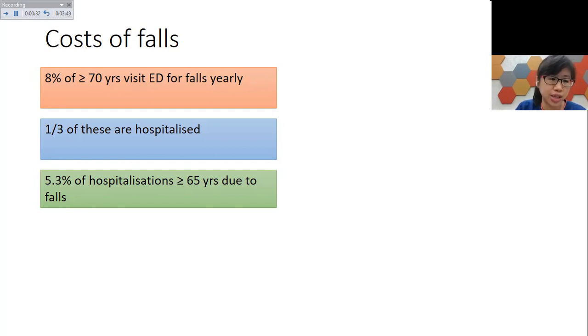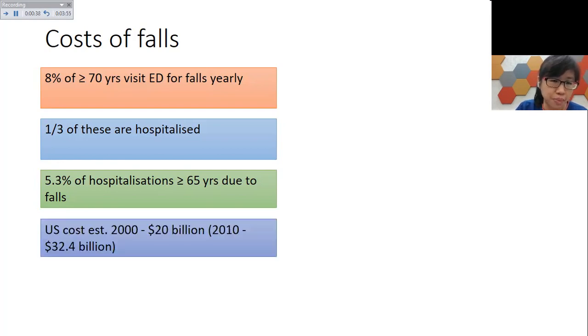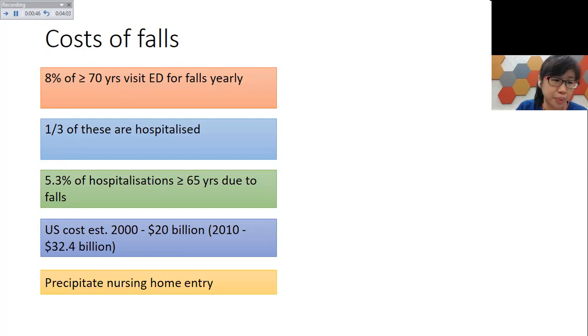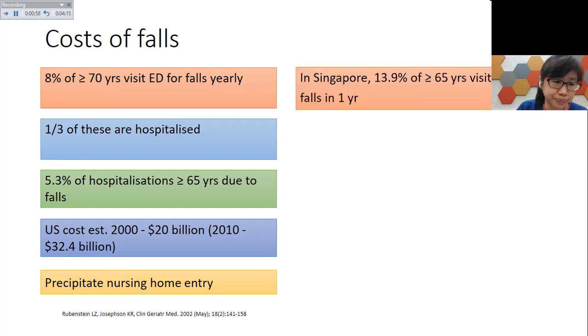And 1/3 of these are being hospitalized. 5.3% of hospitalization among those 65 years and above are also due to falls. And based on the US data, the cost estimate is about 20 billion in the year 2000, and in 2010, about 32.4 billion. Falls also precipitate nursing home entry as well.